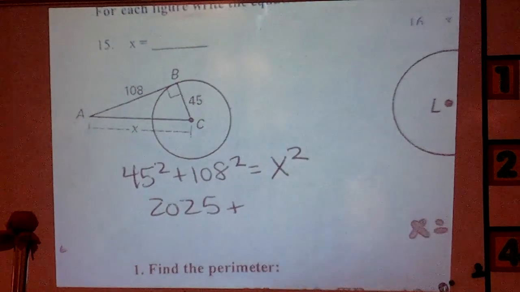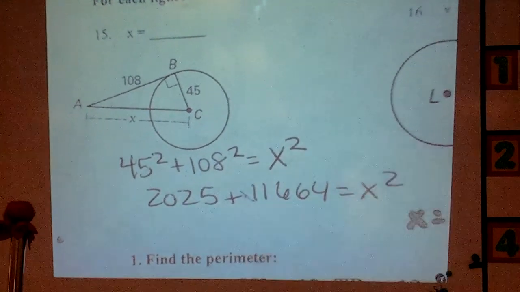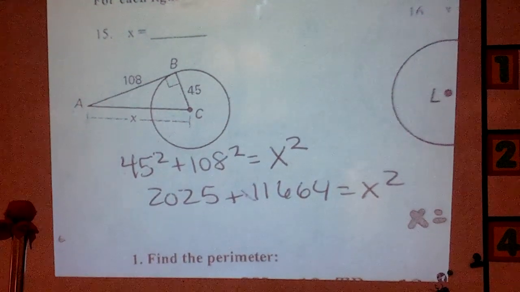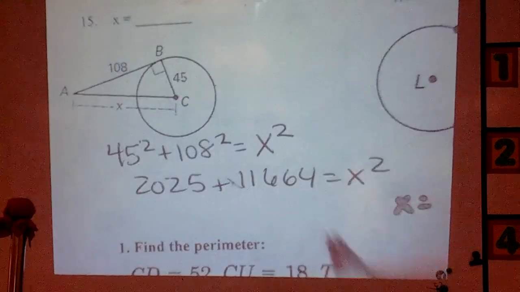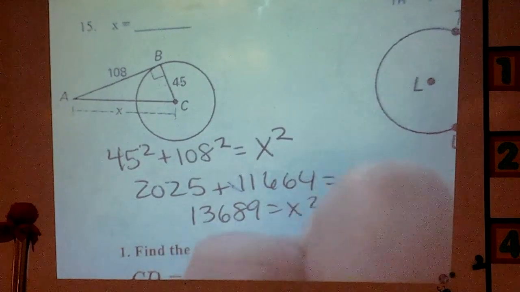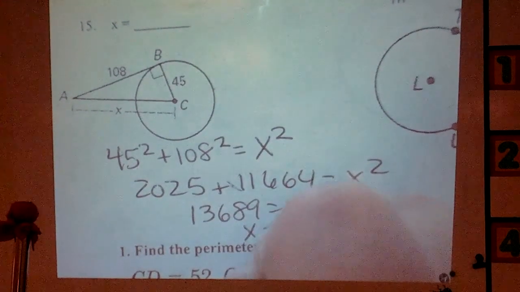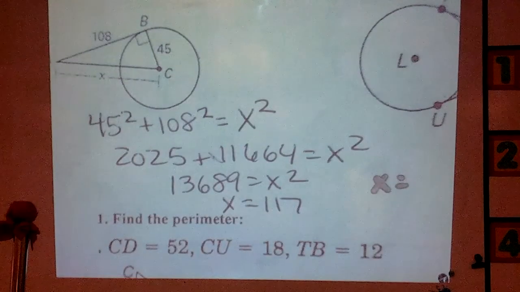And 108 squared is that really big number. I add those two together. And I take the square root. And I get 117.